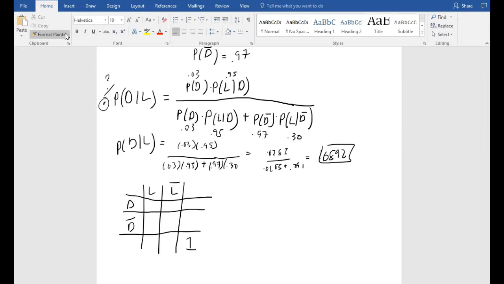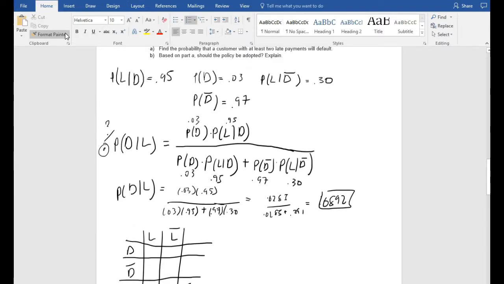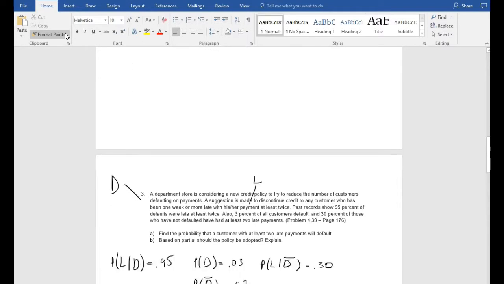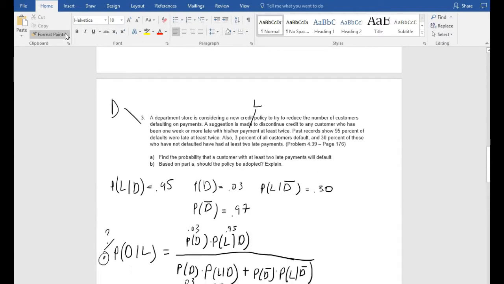One, we know that the total probability is equal to 1 in any scenario. And the only thing that's going to be in the contingency table already from the problem is the marginal probability of the percentage of defaults, so 3%.